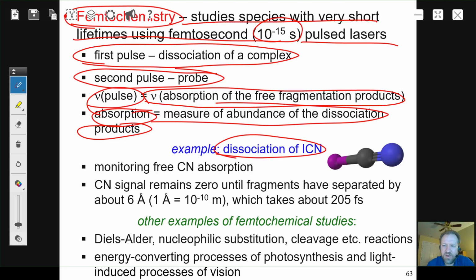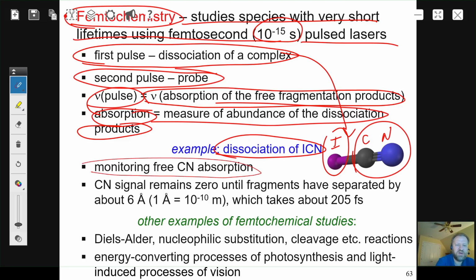So suppose we have here a cyano group, and the idea is that the first laser pulse will break the bond between the iodine and the cyano group, and the second pulse, the probe pulse, will be monitoring the absorption of the free cyano group.